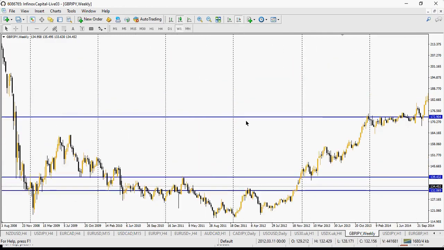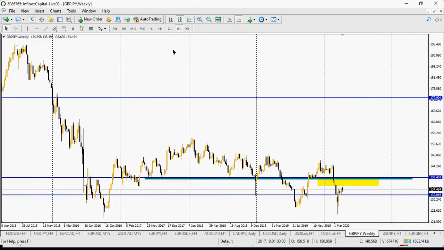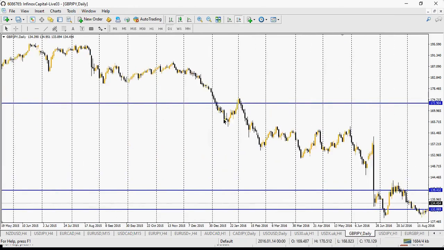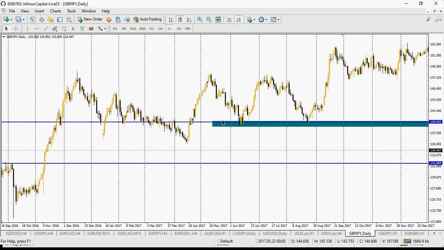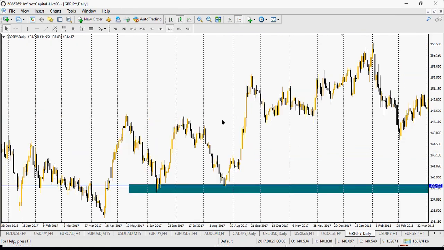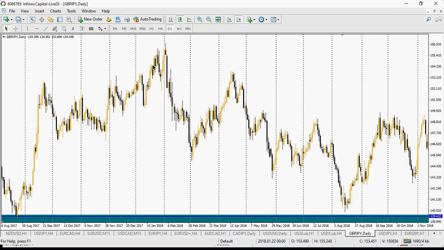Let's look at a bigger wave in the market. Let's say this wave, from here to here.